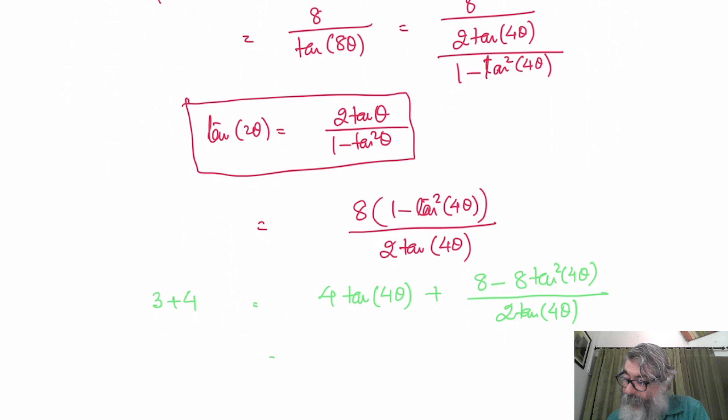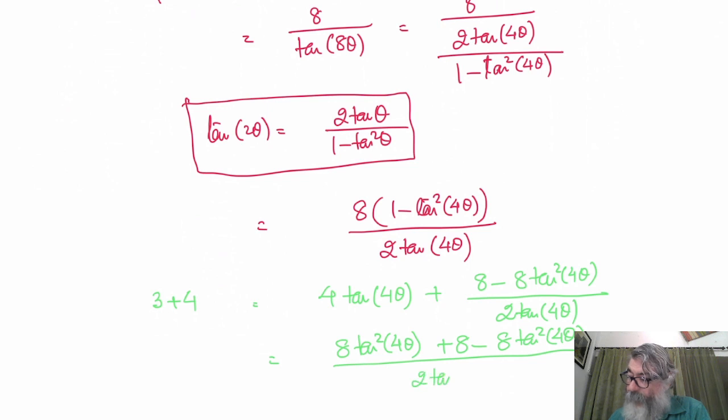Now when you take LCM, it will become 8 tan square 4 theta plus 8 minus 8 tan square 4 theta upon 2 tan 4 theta.